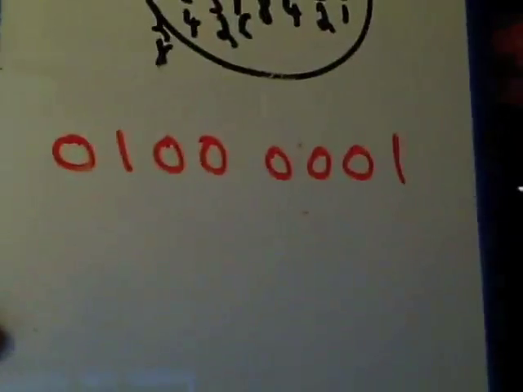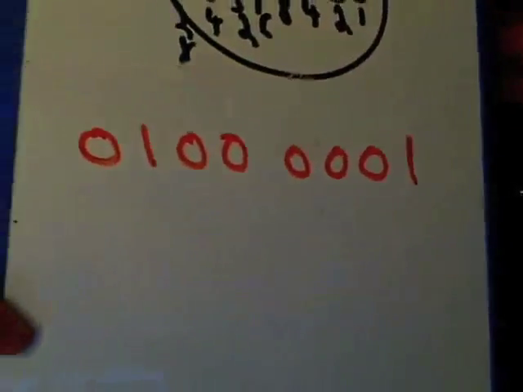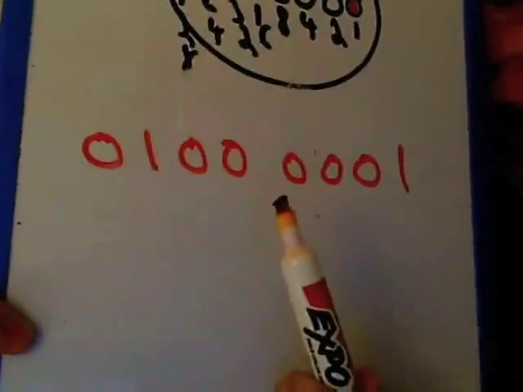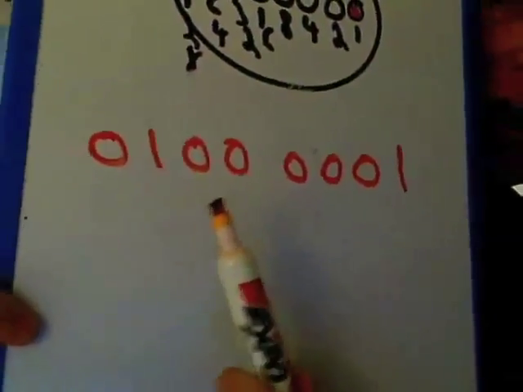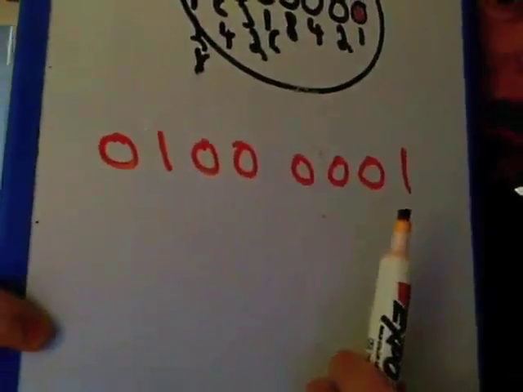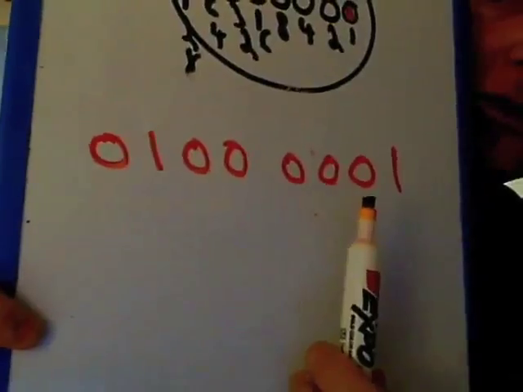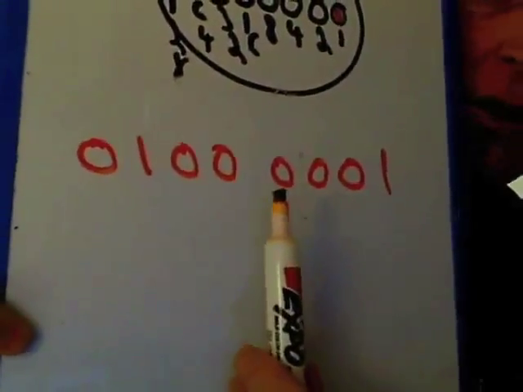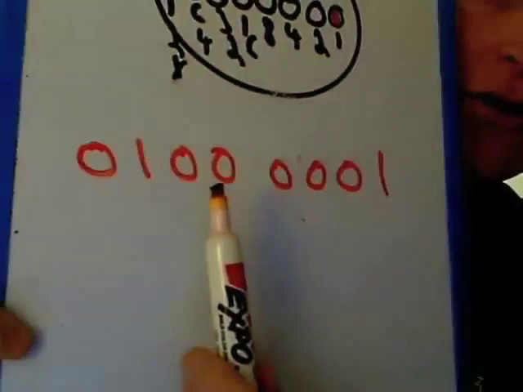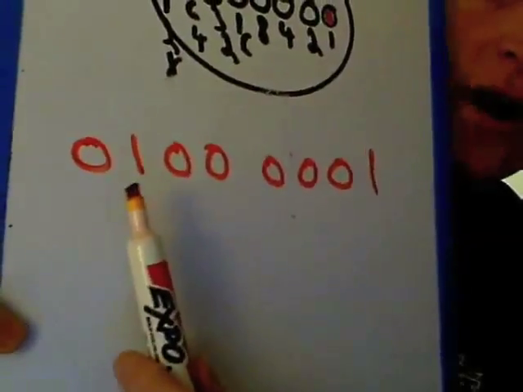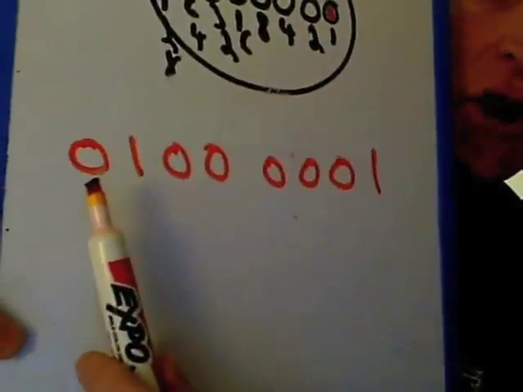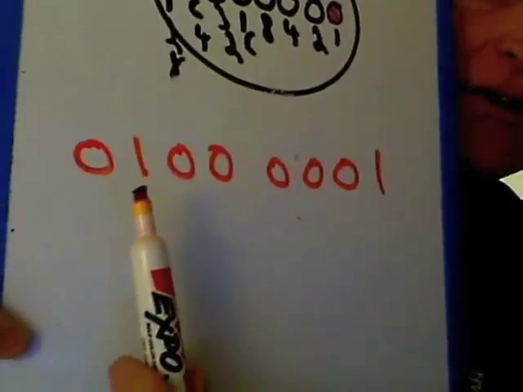Let's take a look at that. So what we have here is 1 1, no 2s, no 4s, no 8s, no 16s, no 32s. We have 1 64 and no 128s. You take the 64 and the 1 and you add them together and you get 65.